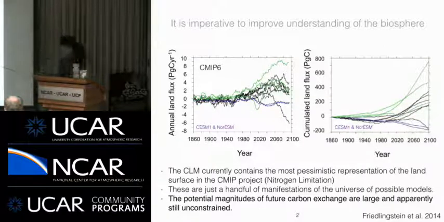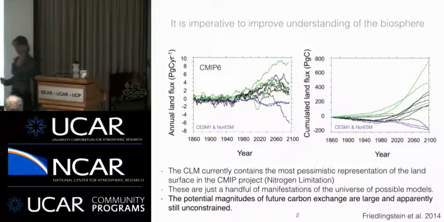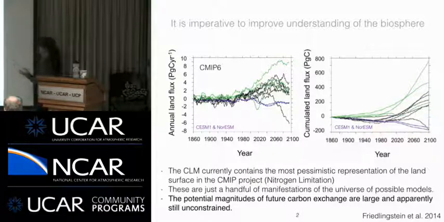But nevertheless, you shouldn't take this as a metric of uncertainty, because these are just a handful of manifestations of a whole universe of possible models. But what we can take from it is that the magnitudes of future carbon exchange are possibly very large and apparently still unconstrained. Since the last assessment, we haven't done a very good job of narrowing this uncertainty bound.